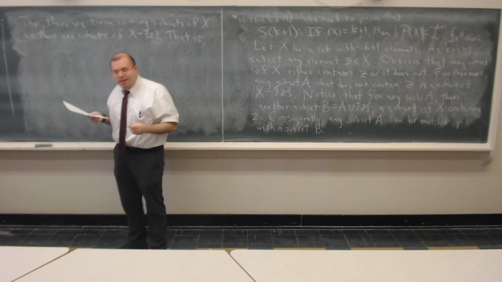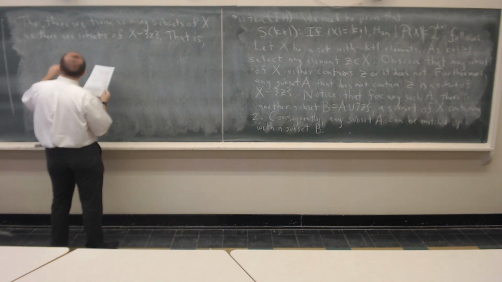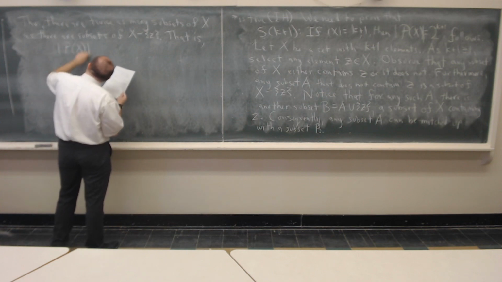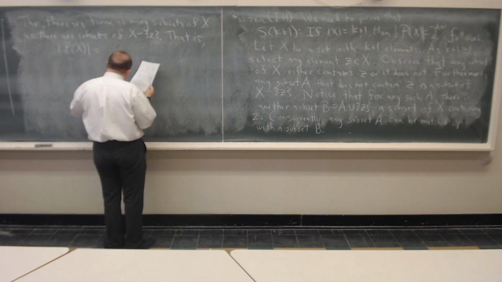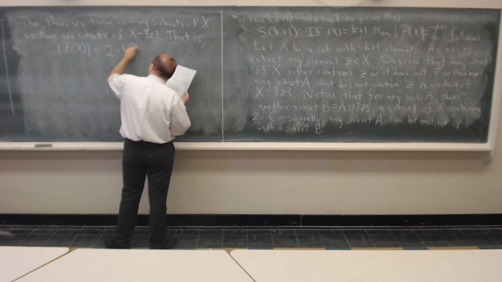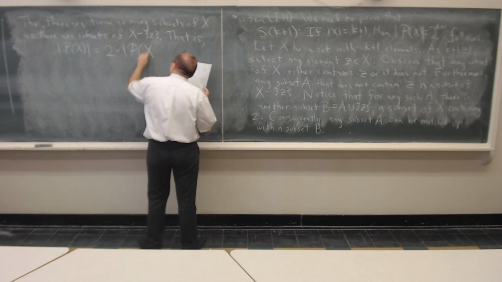That is, the cardinality of the power set of X is going to be equal to 2 times the cardinality of the power set of the set X set minus Z.